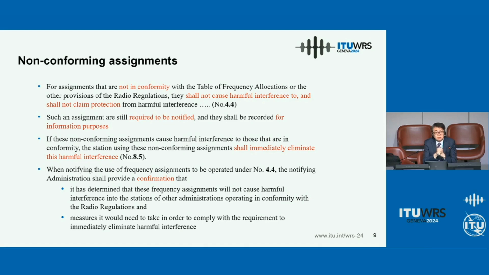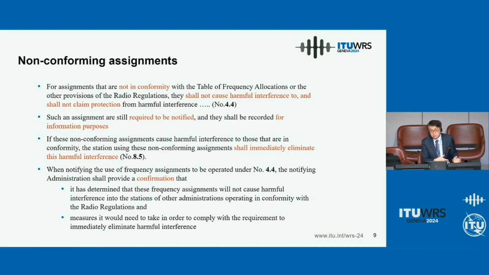So for assignments that are not in conformity with the table of frequency allocation, okay, they shall not cause harmful interference to and shall not claim protection from harmful interference from those that are in use according to the table of frequency allocation. Okay, this is under the provision of number 4.4.